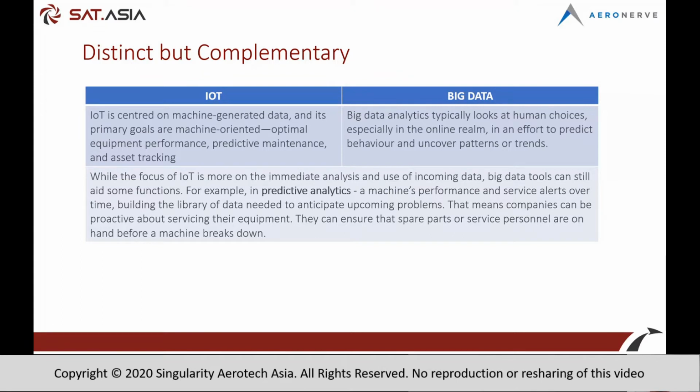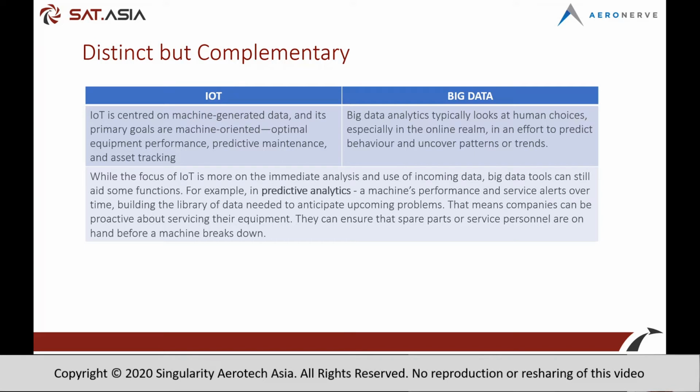That means what you want to get out of it is also something that can be acted on by the machine itself, so whatever decision you make is related to that machine. For example, your equipment performance, predictive maintenance, or asset tracking. These are the kind of realm that IoT plays in.